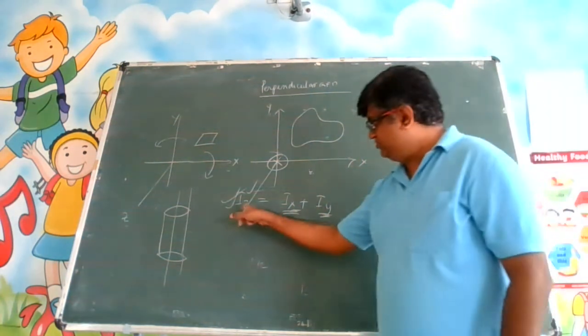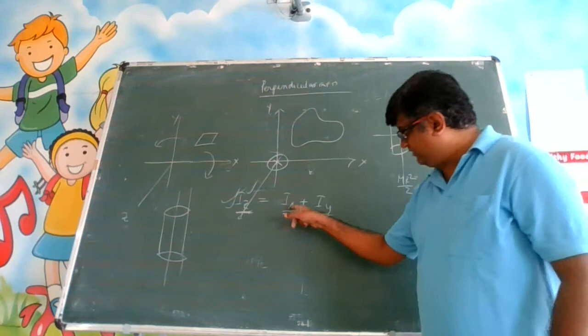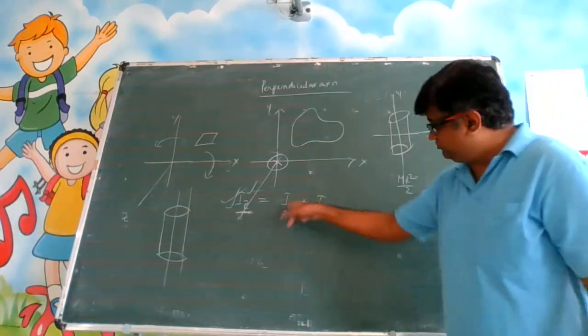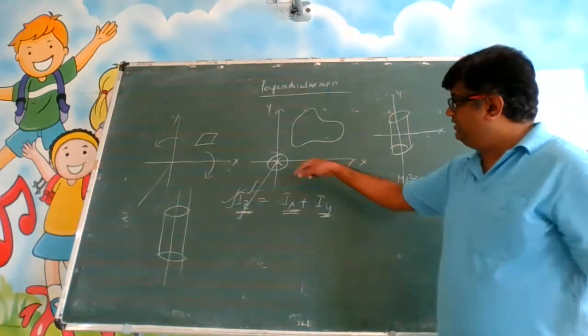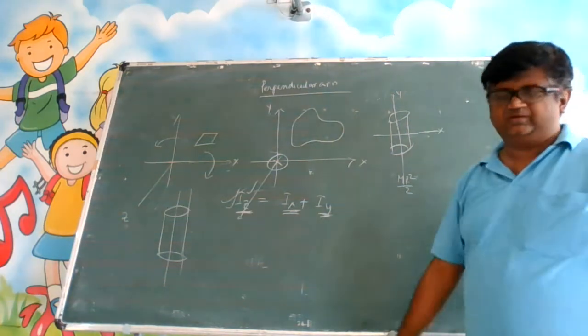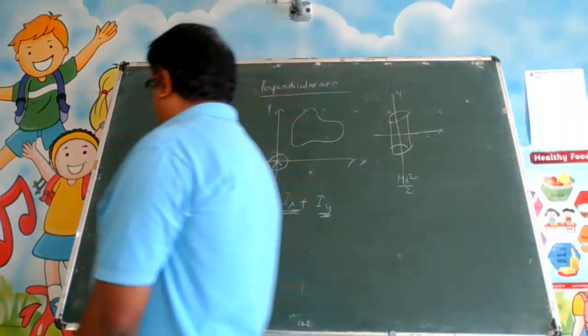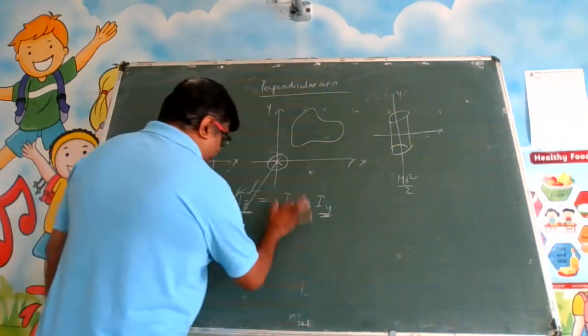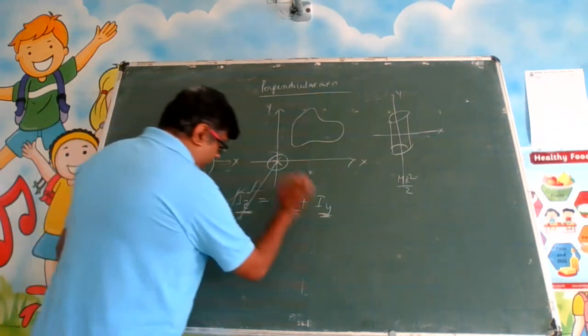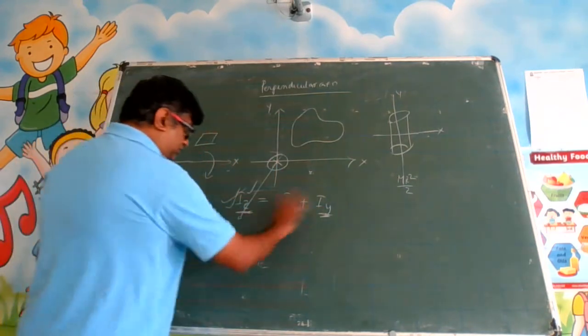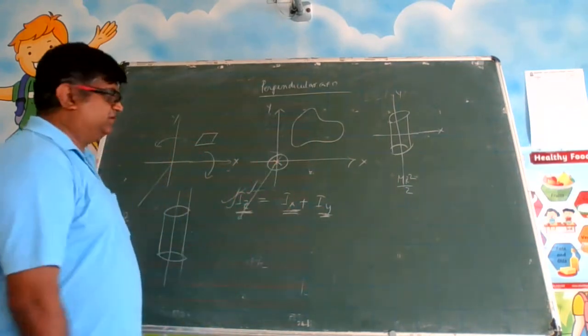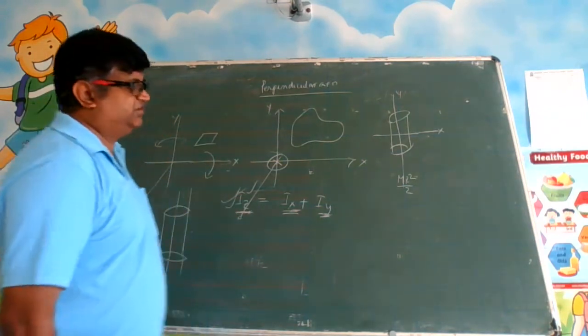Be careful. Z is perpendicular to x and y, and x and y are in turn perpendicular to each other. Then you apply the perpendicular axis theorem.